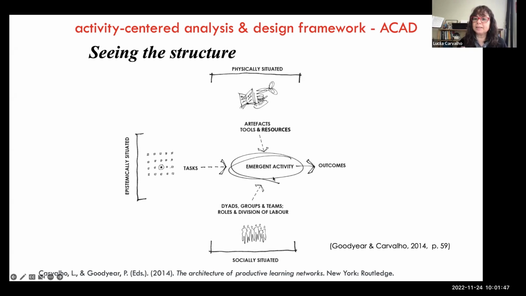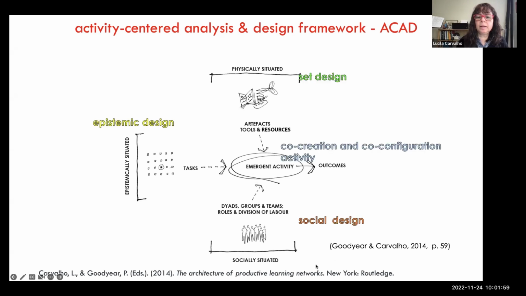So it's what matters the most, and that's why it's in the center. But all the other elements are the designable components, elements that you as an educator make choices about. And we call them set design, epistemic design, and social design. And the activity of your students comes as a co-creation and co-configuration activity.